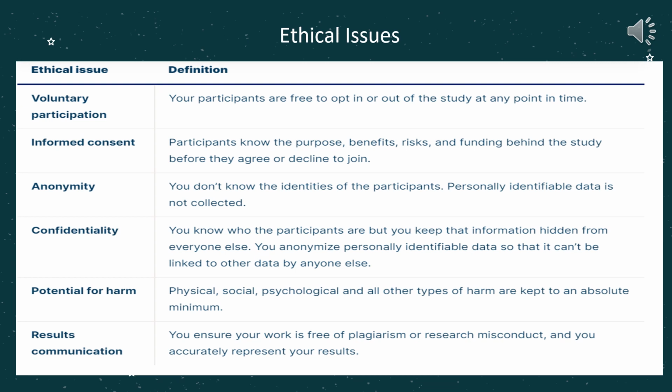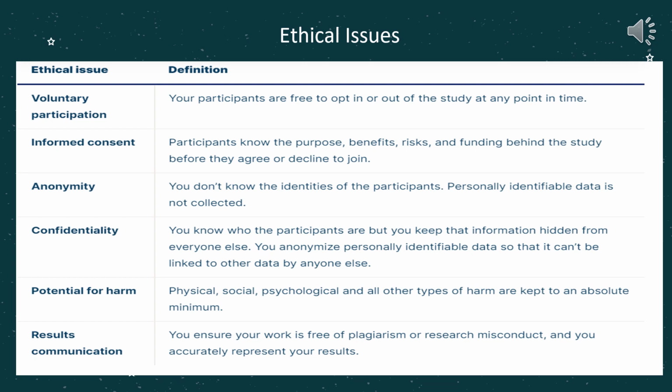Informed consent: participants know the purpose, benefits, risks, and funding behind the study before they agree or decline to join. Next is anonymity. The definition of this is you don't know the identities of the participants.